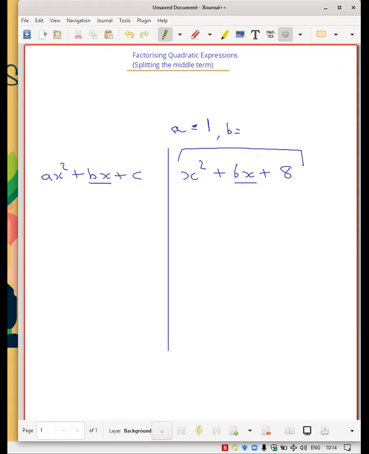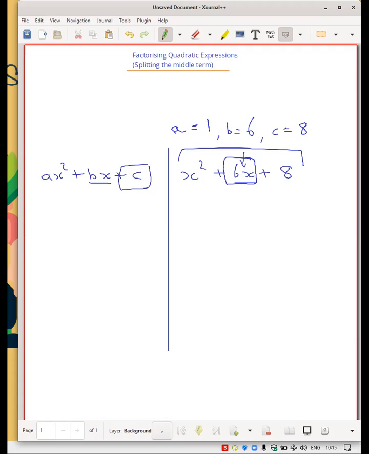What is in front of x? So 6. So what is the value of b? 6. And what is the value of c? C is the constant term, which has no variable. 8. Is this clear, everyone?